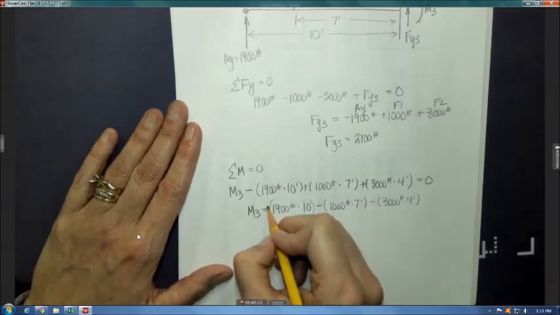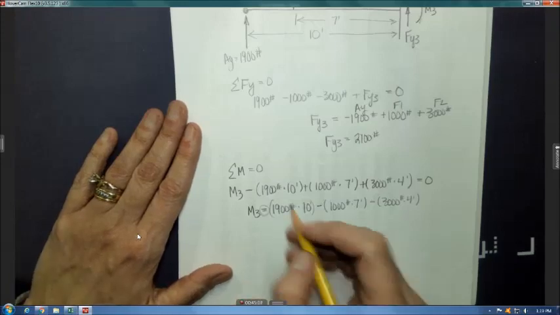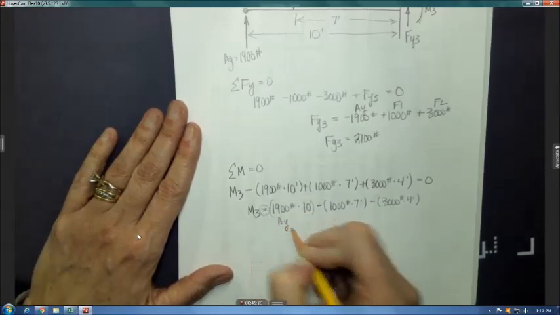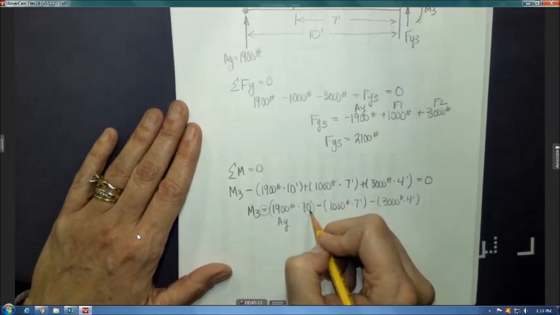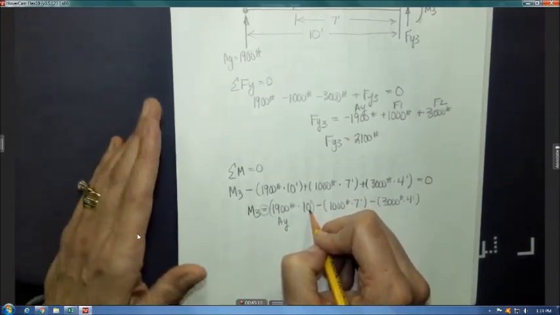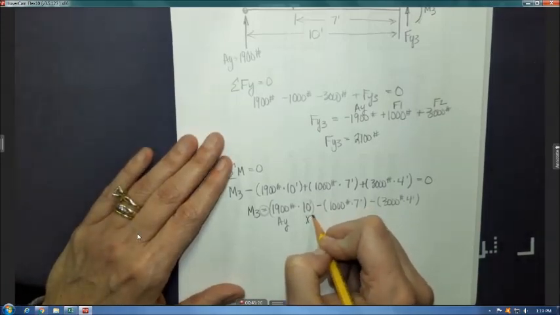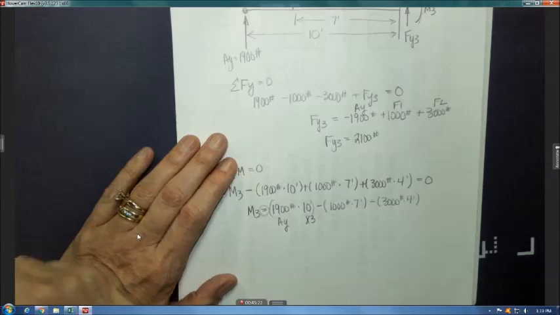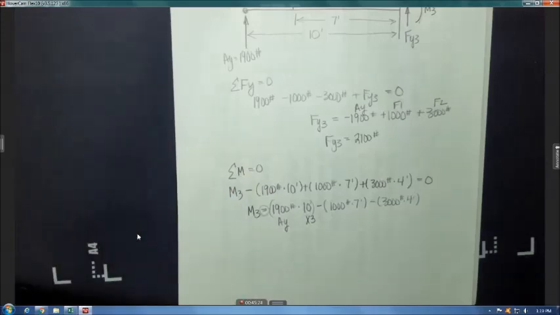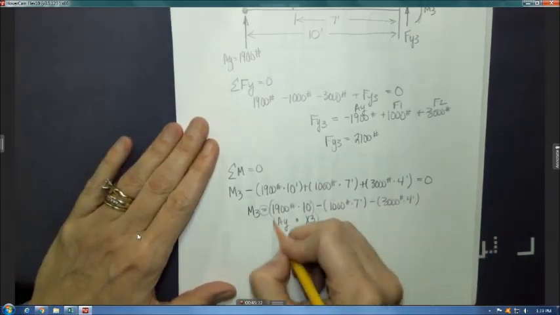Now again, this is my equal sign now for my function. So my 1,900 is my AY. My 10 feet, okay, now don't use the length even though we're doing this for the maximum value. This is your X3 value. Your X3 is something between 6 and 10 feet. You could put 10 feet, but you could also put 6 or 7 or 8 or 9, okay? So that's going to be that one.